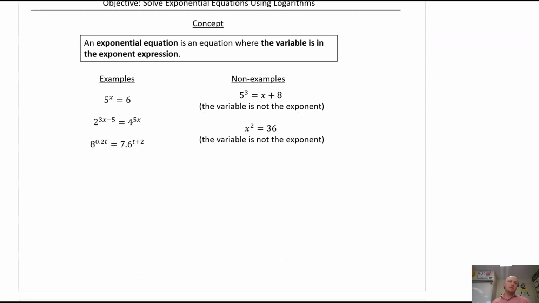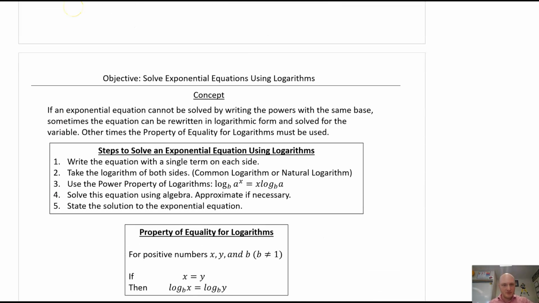So here's a reminder of what an exponential equation looks like. It is an equation where there's a variable in the exponent expression. We have trouble solving exponential equations because the variable is in the exponent, which is so different from how we've solved equations in the past. So to undo that, we have to use the inverse of exponentials, which is logarithms.